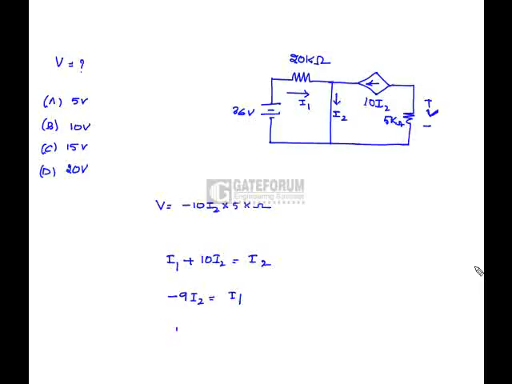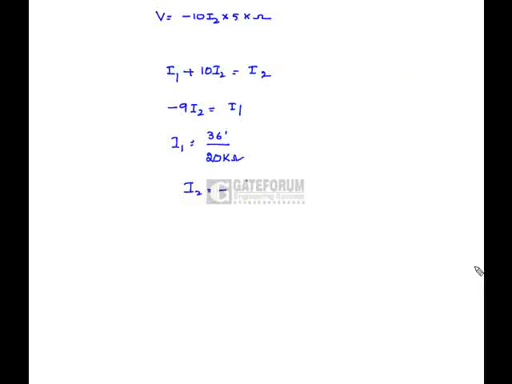So I1 is nothing but 36 volts divided by 20 kilo ohms. So I2 is nothing but minus I1 divided by 9, which is minus 36 divided by (9 into 20) milliamps, which is minus 0.2 milliamps.